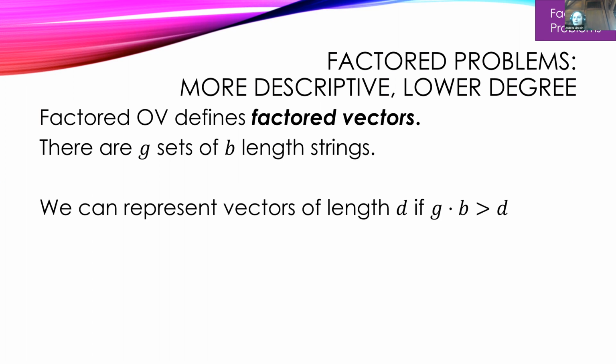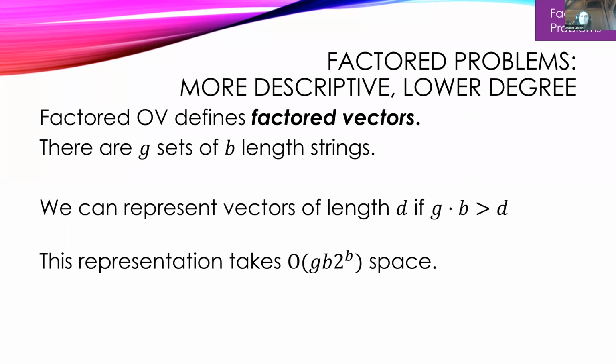If we can represent vectors of length D, we need G times B to be greater than D. You can think of the length of OV vectors in our normal setting where it's hard as being just a little bit larger than log n. So we could set B to be root log n and G to be just a little bit larger than root log n, or we could set B to be log n divided by log log n, and then G can be something that's just a little bit larger than log n, as an example.